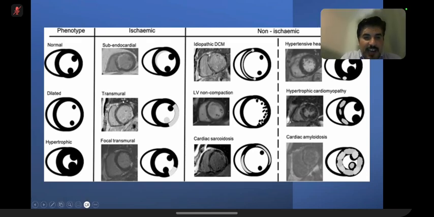So this is a late gadolinium image, and it shows transmural enhancement of the lateral wall of the mid ventricle, and because you can see papillary muscles, of the mid cavity, and it is involving the LCX territory. This was involving the LAD territory. So if there is an inferior wall enhancement as well, it will involve the RCA territory.